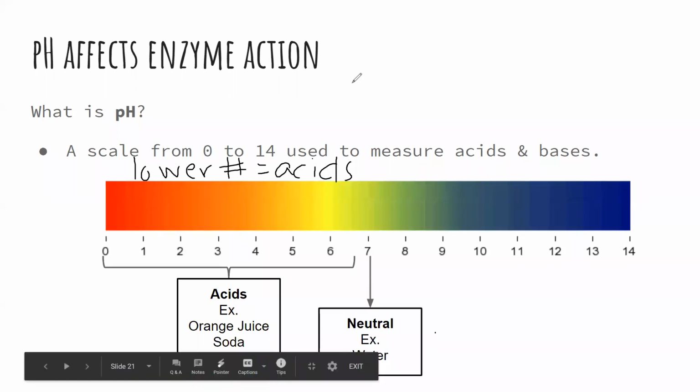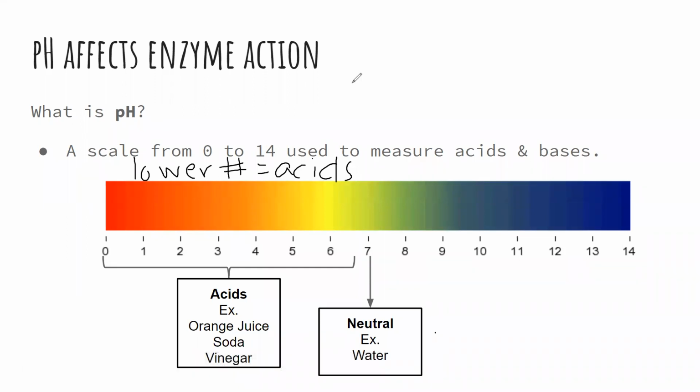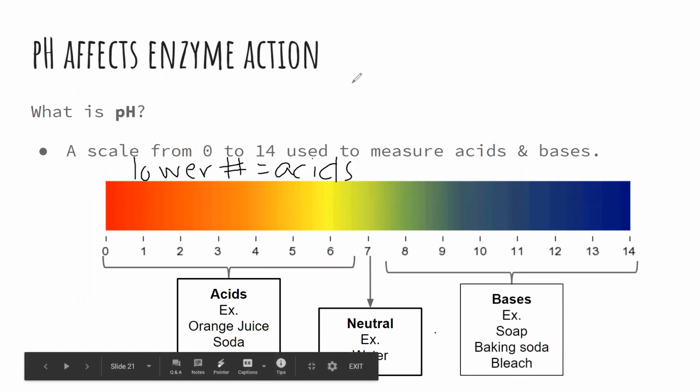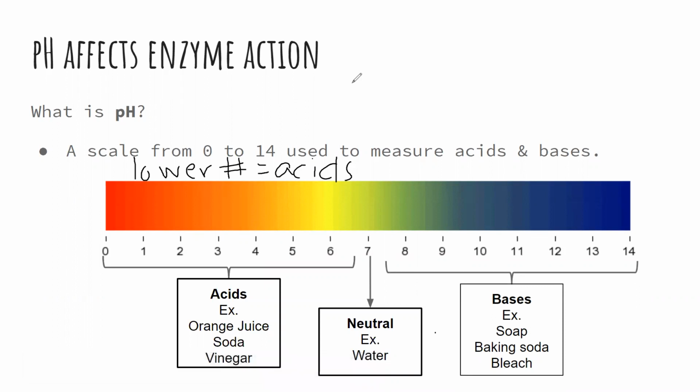All right, 7 means that it's neutral. So a pH of 7 is a neutral pH. So things like water, harmless. And your basic solutions or basic molecules are things like soap, baking soda, and bleach.